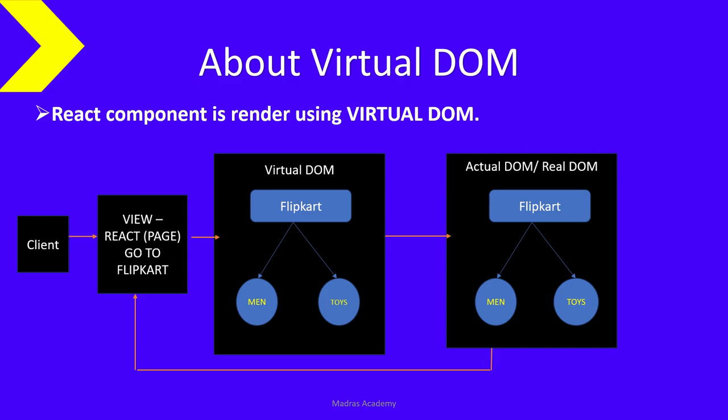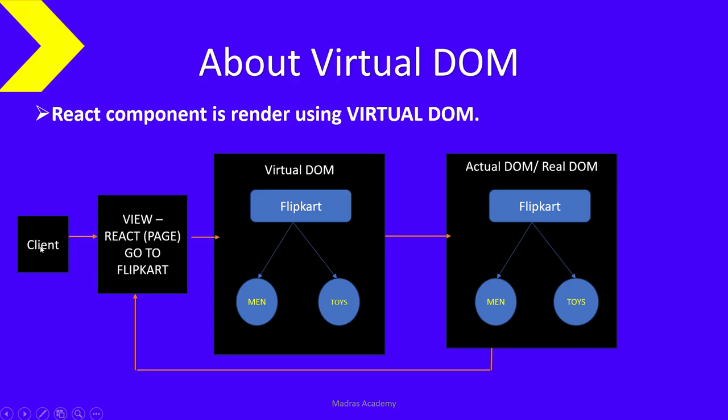Whenever the client passes a request, consider this is a browser. I'm going to open the Flipkart website. If I enter the Flipkart URL in a browser, immediately it will display the output in our front end for the client. How is it displaying now? See, here it will create one virtual DOM.